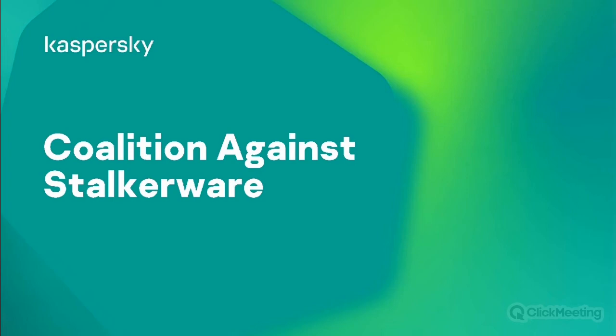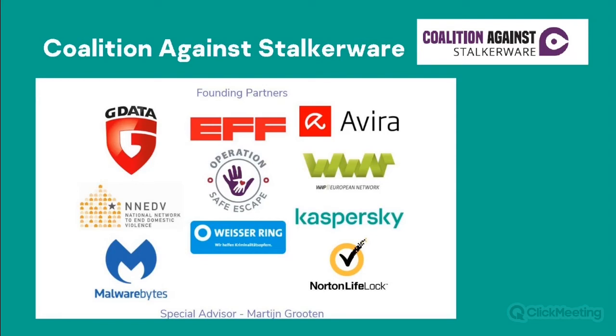I wanted to speak also very briefly on the Coalition Against Stalkerware. I will give it just very briefly. We convened in 2019, like Anna said last year, and together we're 10 great organizations working together to raise awareness on this problem. Because as I think you have seen and understood, this is a real threat and it's growing.